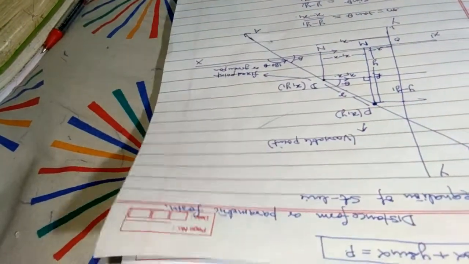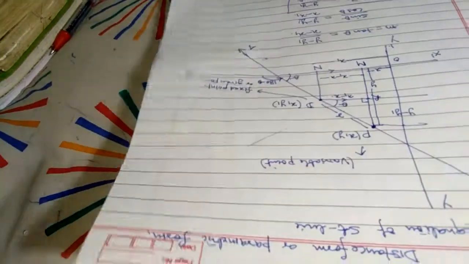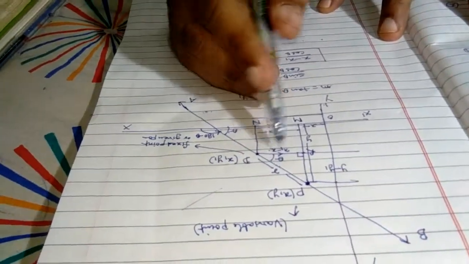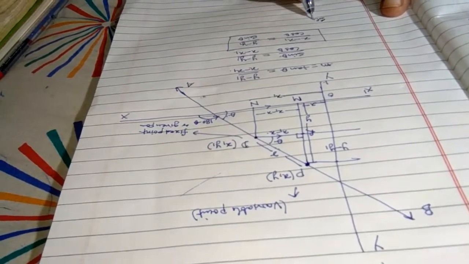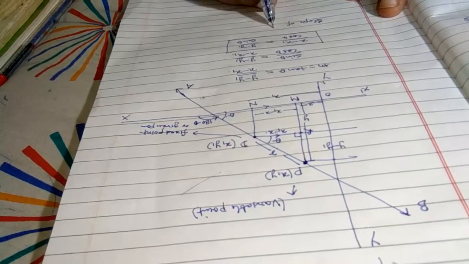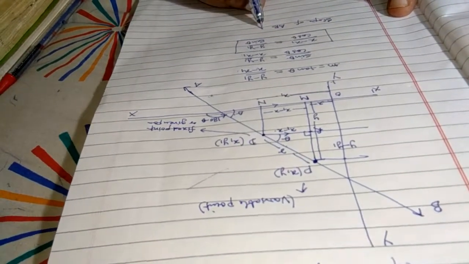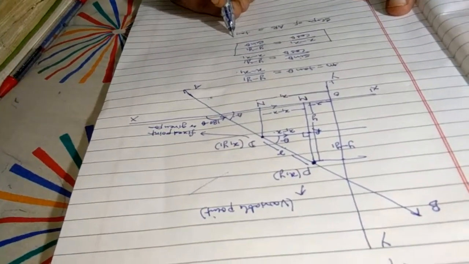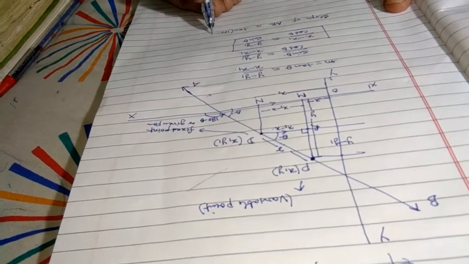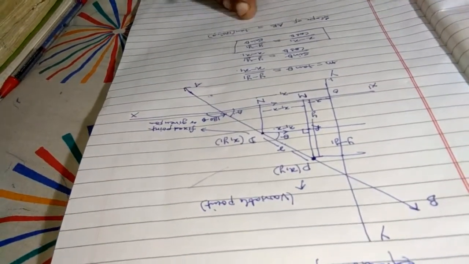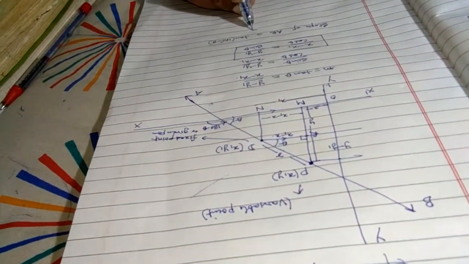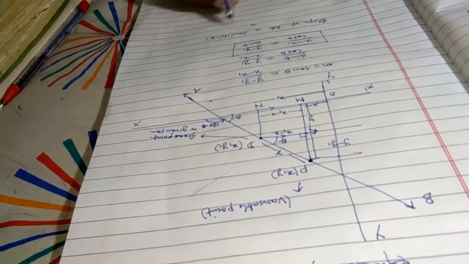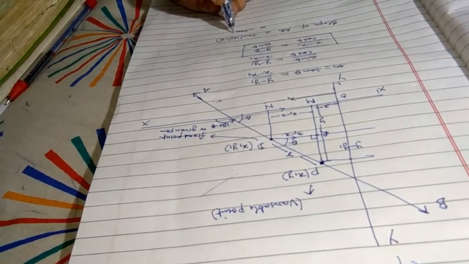Now from this triangle, tan theta is equal to y minus y1 divided by x minus x1. The slope of AB is equal to tan of 180 degree minus theta, because the positive angle is 180 degree minus theta, and we know that in the second quadrant tan theta is negative, so it is minus tan theta.